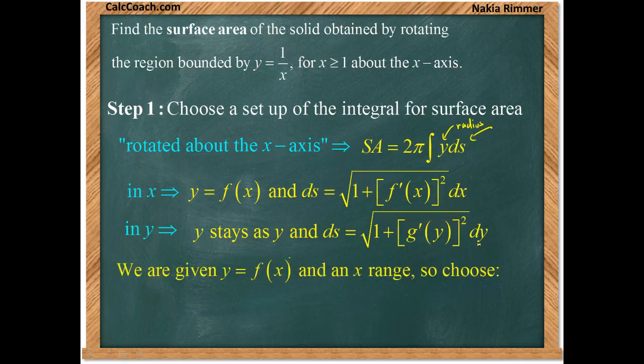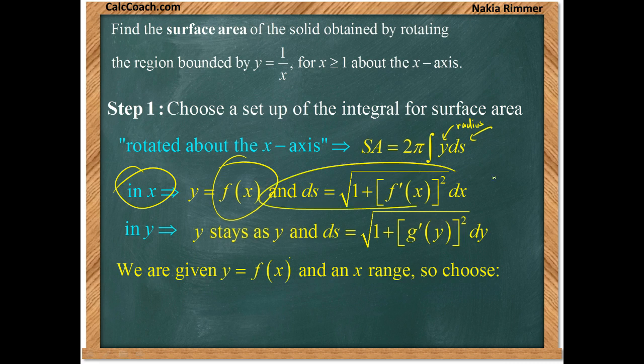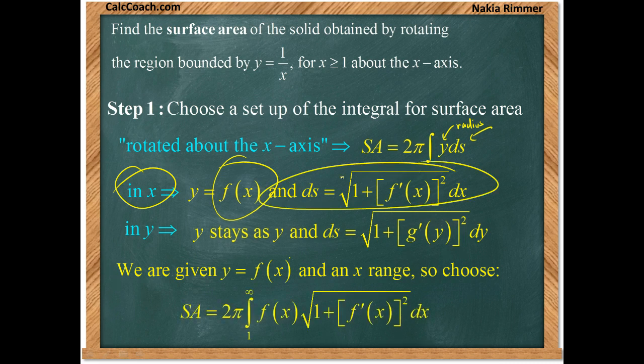We're given a function y equals f of x, and we're given an x range, so that's going to lead us to think that we should go with this x version here, where we replace y by f of x, and we have the x version of ds. And we're going from 1 to infinity. All right, great.